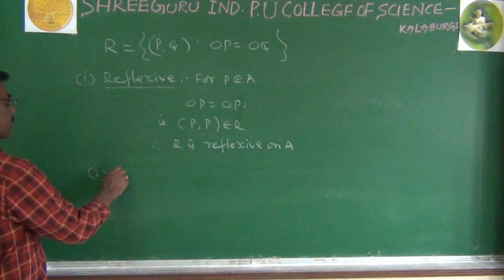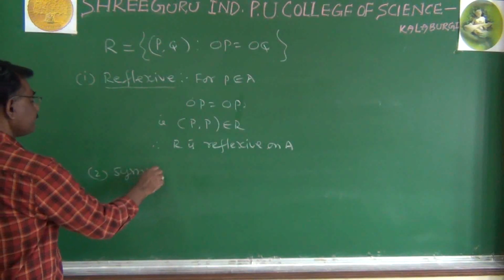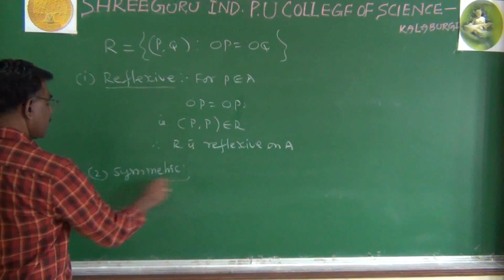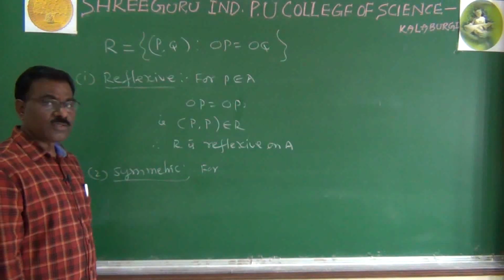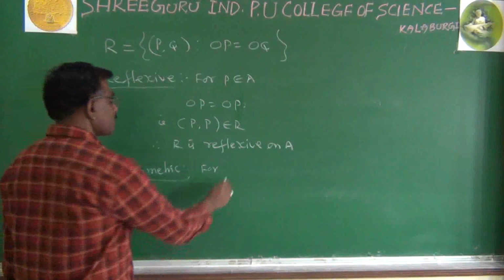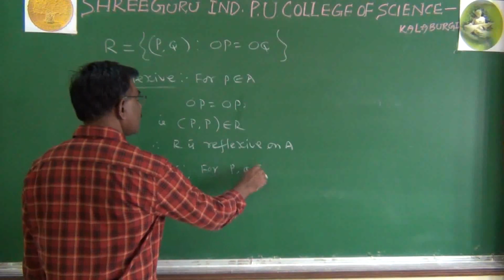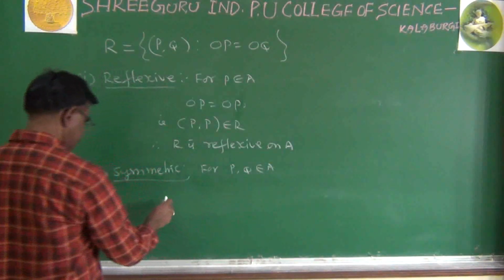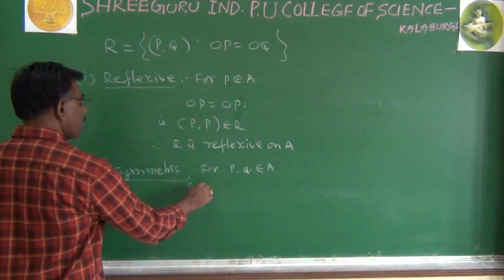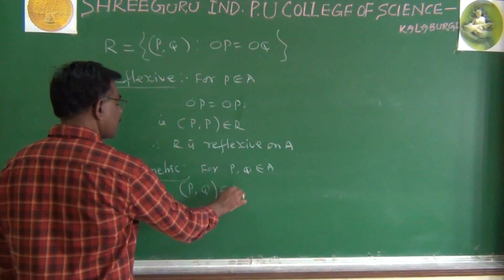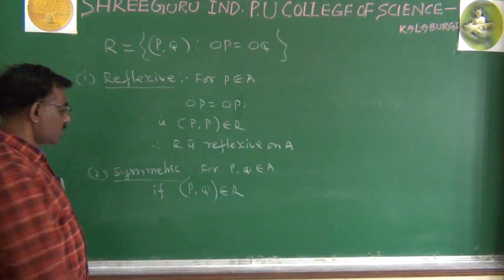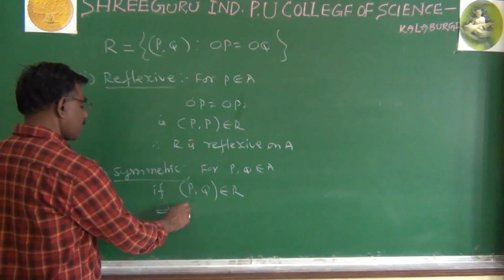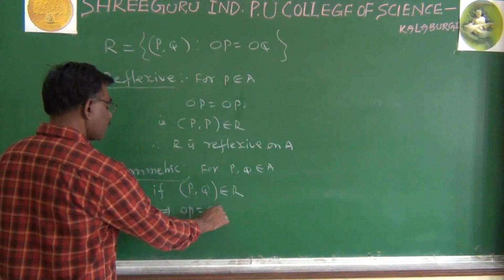Second one, symmetric. How many elements? You have to select two elements. I am taking P, Q belongs to set A. Suppose (P, Q) belongs to R. It implies OP equal to OQ.